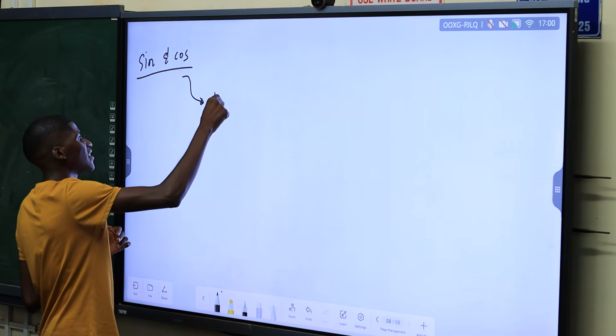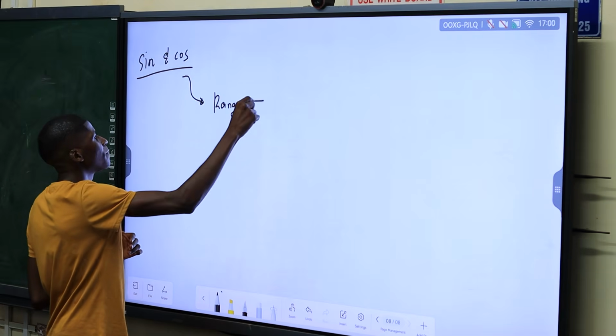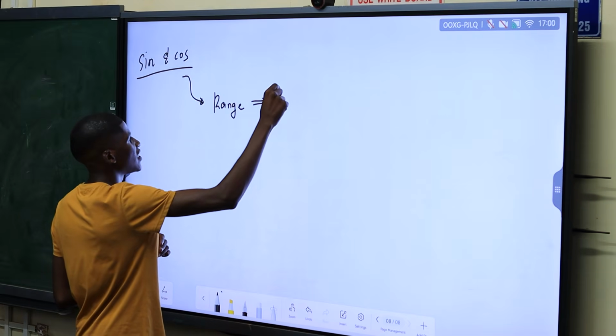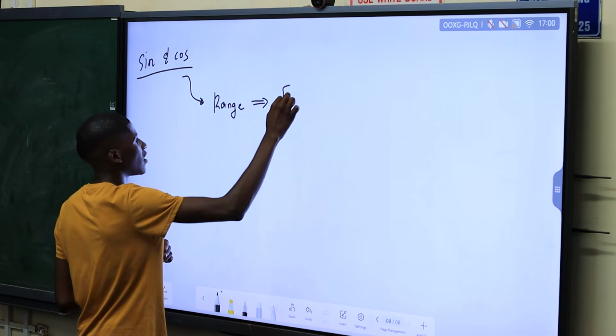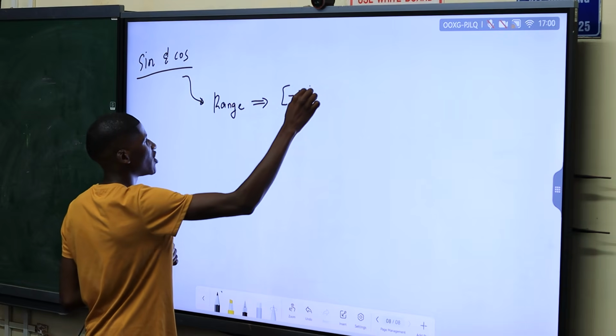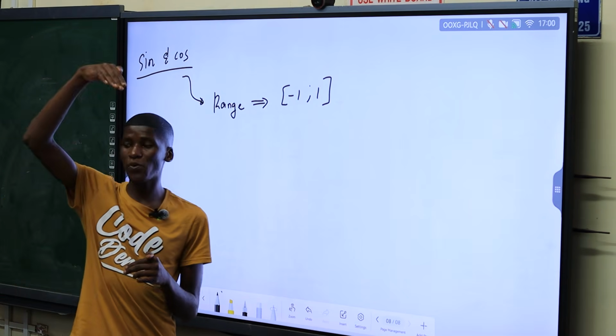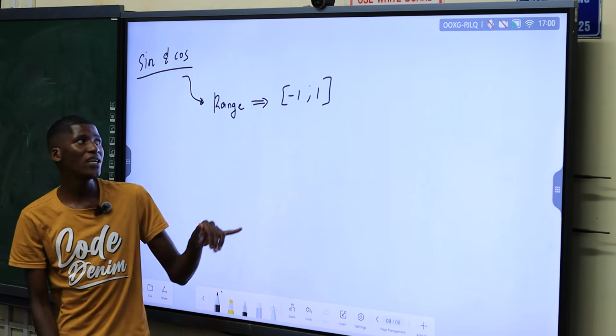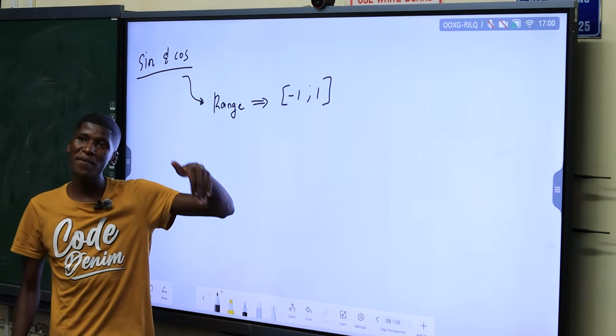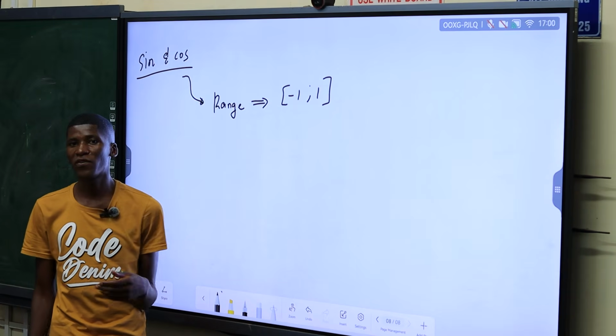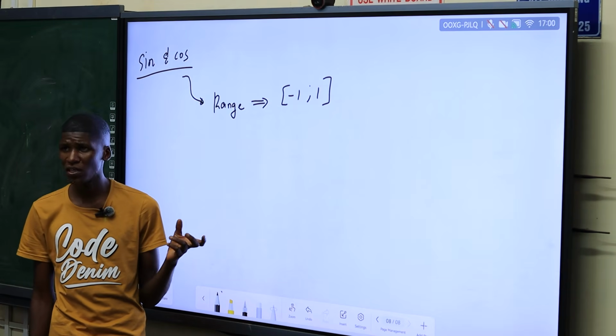So we already know that the range of these functions is between -1 and 1. Because for the cos graph, the maximum value that it can get, the amplitude, is 1, and the minimum value is -1. So that was from trigonometry.